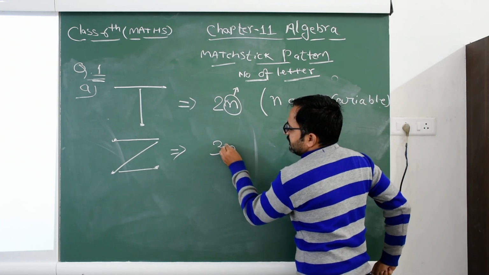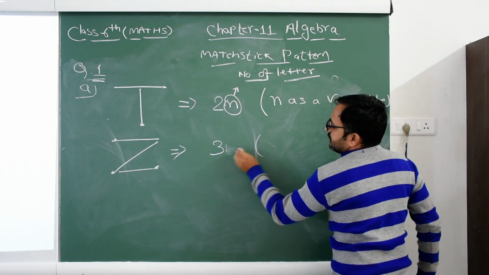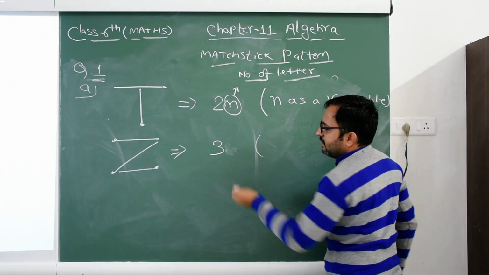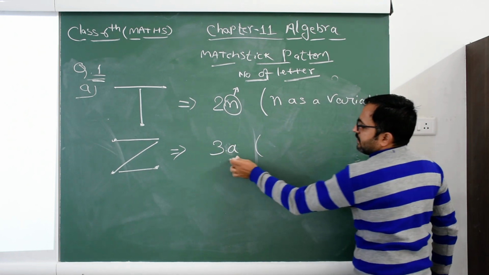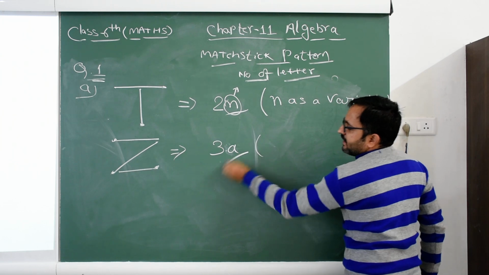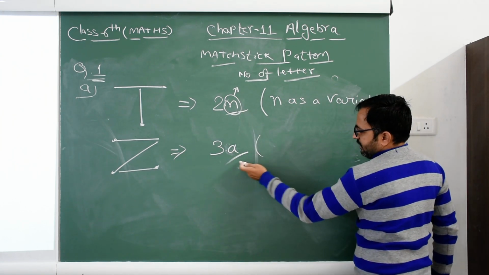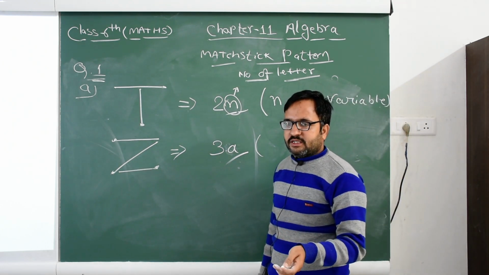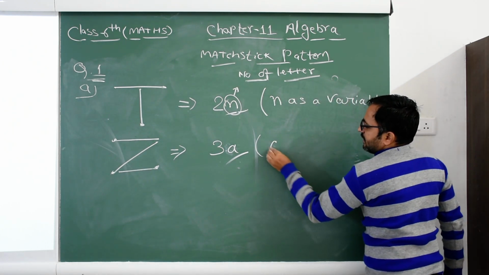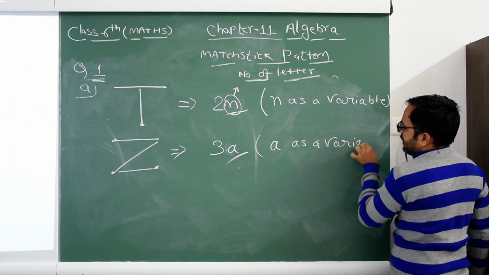So the rule will be 3 and now we change the variable. We take 3a. So n is a variable and a is also a variable. We use different types of variables in a particular question.